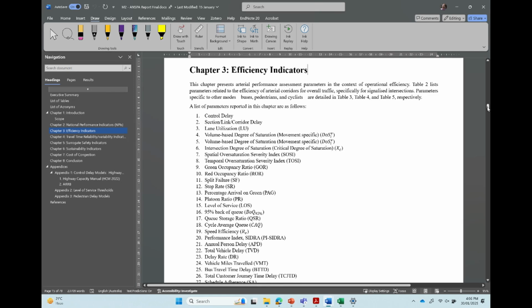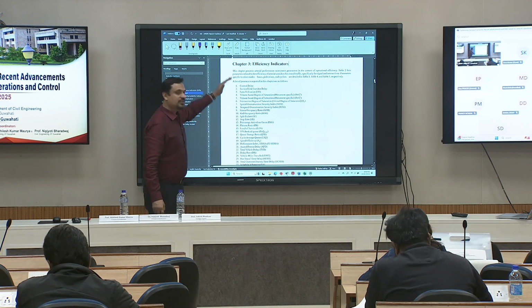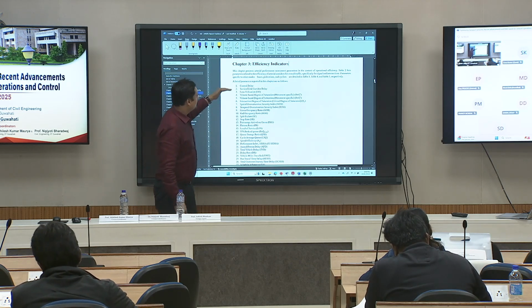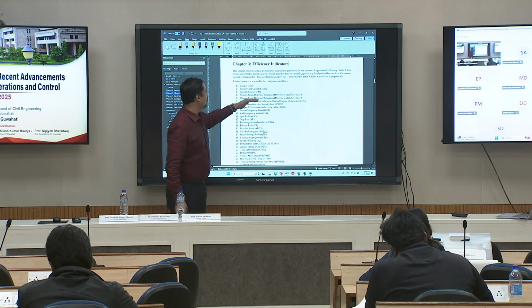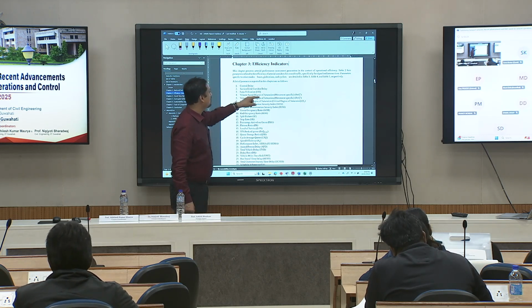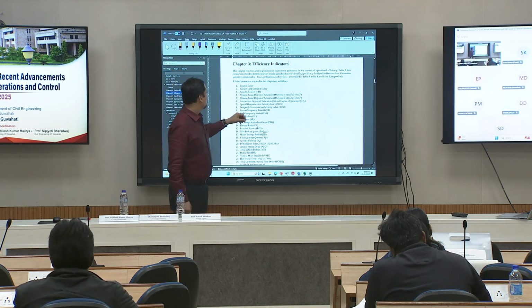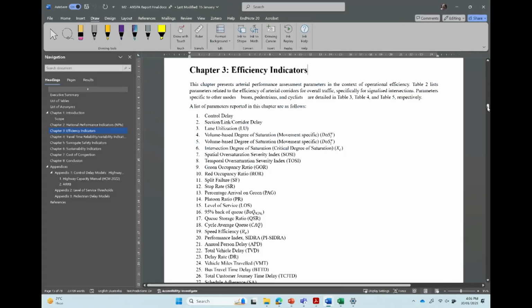So there are various performance indicators, like the one you see for efficiency: control delay, section length delay, lane utilization, volume based degree of saturation, volume based degree of saturation with respect to the specific movement. Oh, this is for the entire intersection, perhaps average.